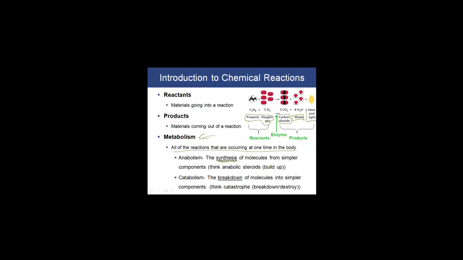This is where that term derives. So anabolic reaction or anabolism is the synthesis, while catabolism is the breakdown. Catabolic reactions break down molecules. And again, if you associate catabolism with catastrophe, hopefully that would help remind you that catabolism is the breakdown.